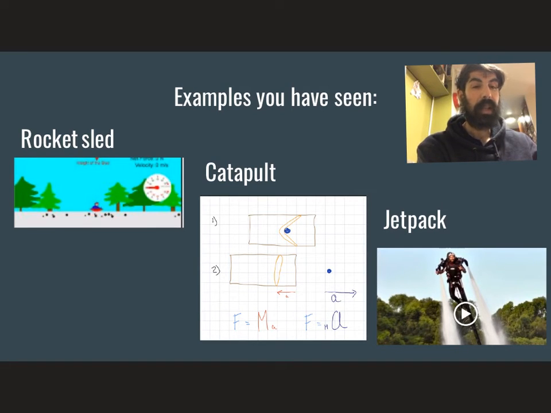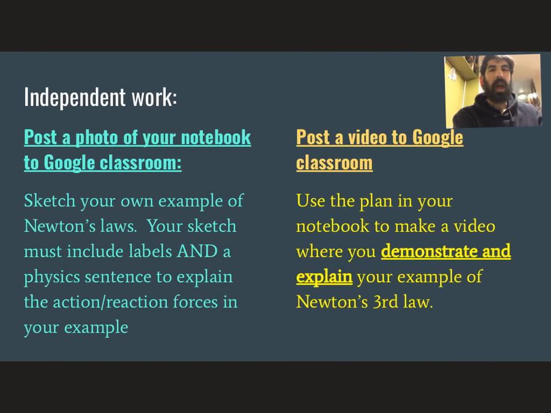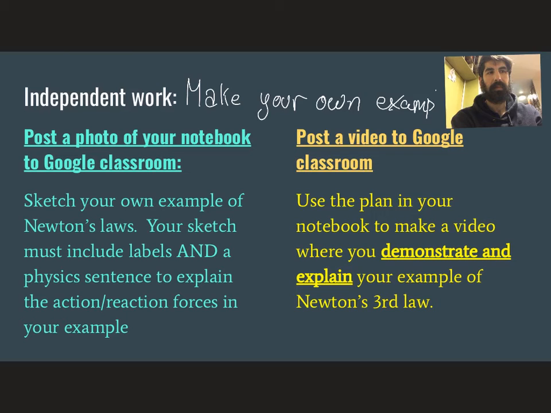So finally, here's what you're going to do. Your job today is to come up with your own example. First, make a plan in your notebook with a sketch of your own example of Newton's third law.